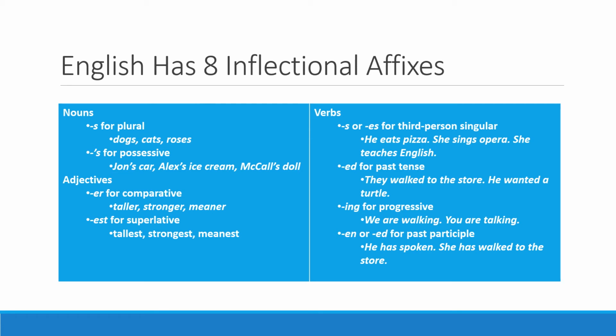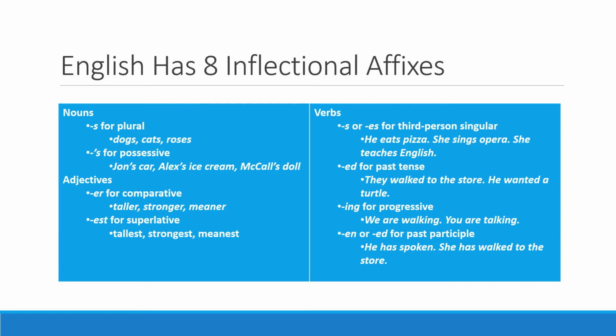In adjectives, there's 2. There's ER for comparative, so taller, stronger, meaner, and EST for superlative, tallest, strongest, meanest. For verbs, there's 4 suffixes that are inflectional. S or ES, those have the same function, right? For third person singular. He eats pizza, she sings opera, she teaches English. See how the allomorphs are different?